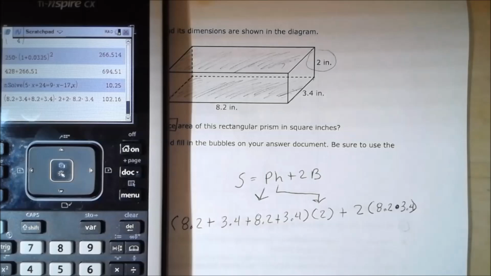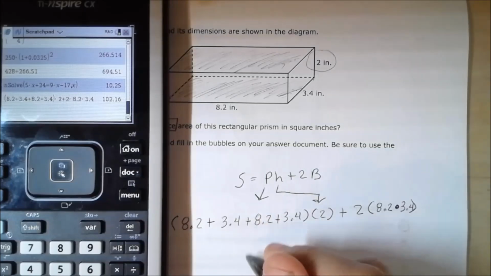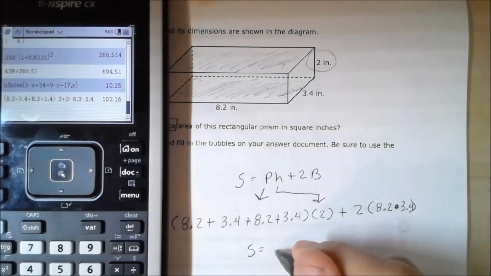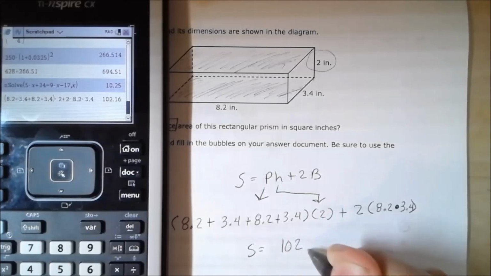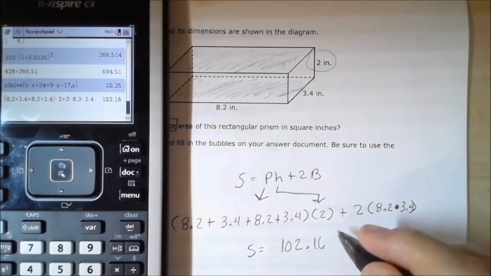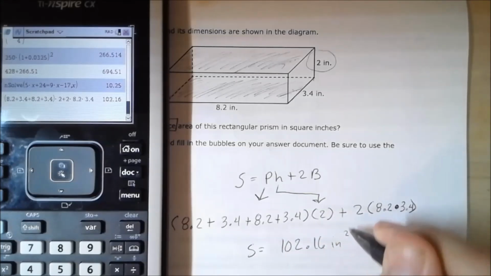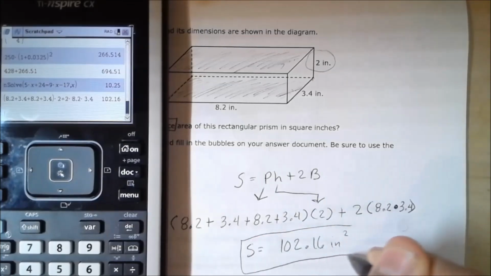And it gives you 102.16. So S, the total surface area, is equal to 102.16, and this is going to be inches squared. That is your final answer.